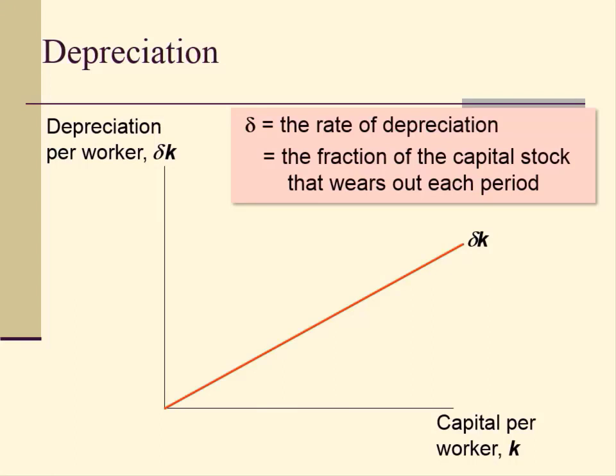So the plot of depreciation per worker equals delta k, which is going to be a straight line when you plot it with capital per worker on the horizontal axis and depreciation per worker on the vertical axis. And here the rate of depreciation is some positive fraction of the capital stock that wears out each period. Therefore the slope of this plot is less than 1 but greater than 0.